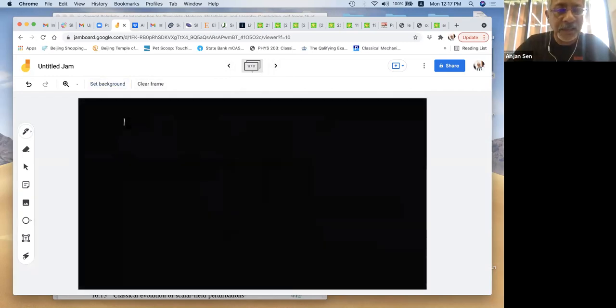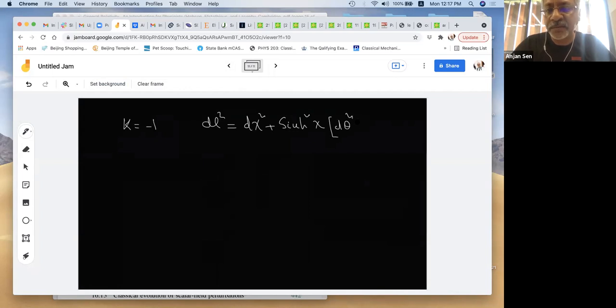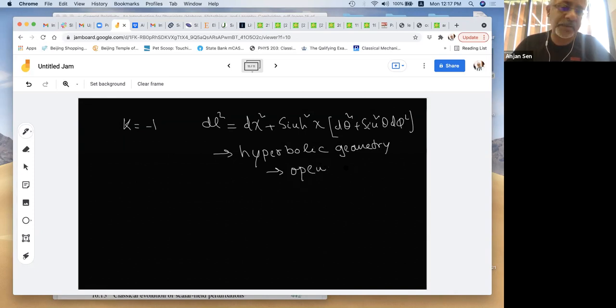So for k equal to minus 1, this dl square is basically d chi square plus sine hyperbolic square chi times d theta square plus sine square theta d phi square. And this is a kind of hyperbolic geometry, an open geometry, right?